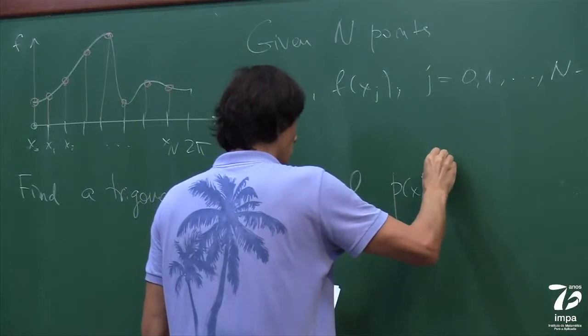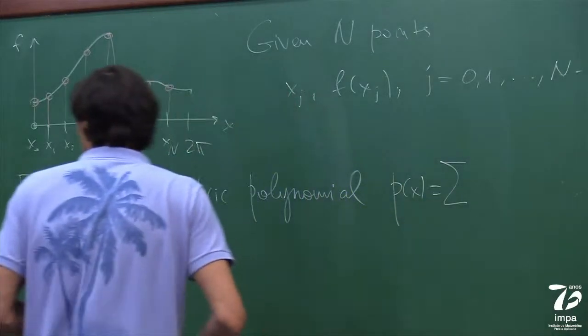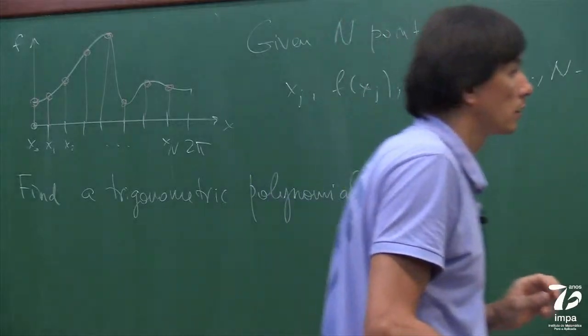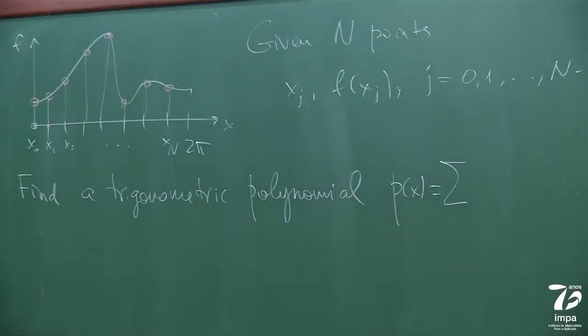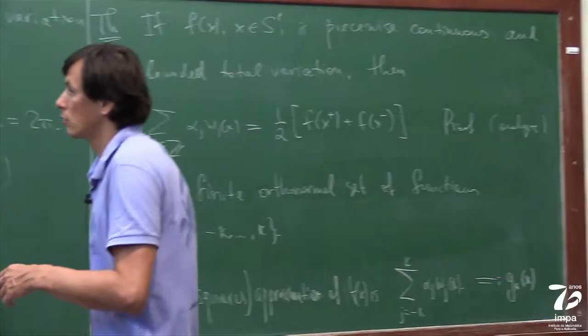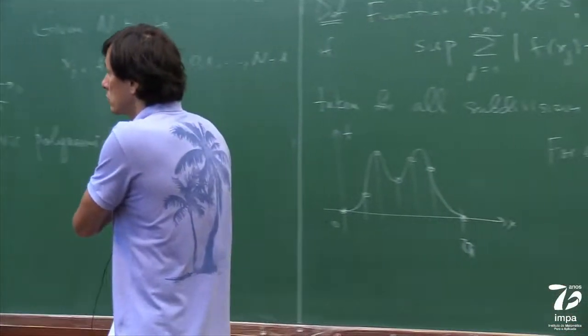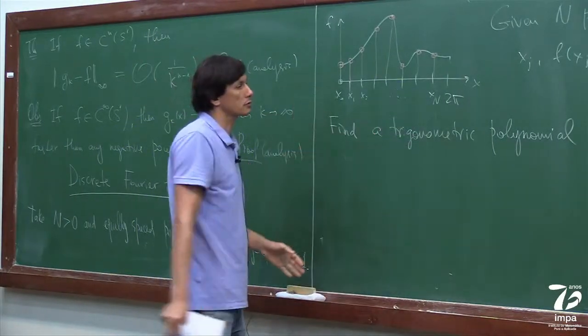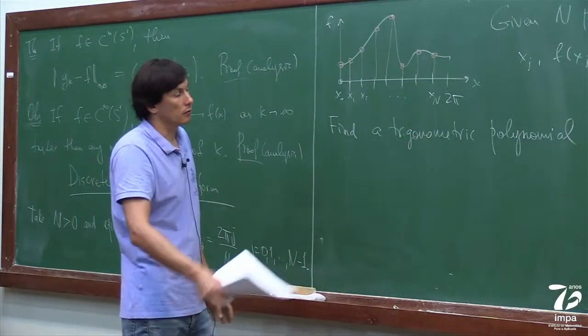So now the only thing that is different is that here we go from minus k to k, which gives you 2k plus 1 points. So here we have just n capital points, which is not necessarily odd.